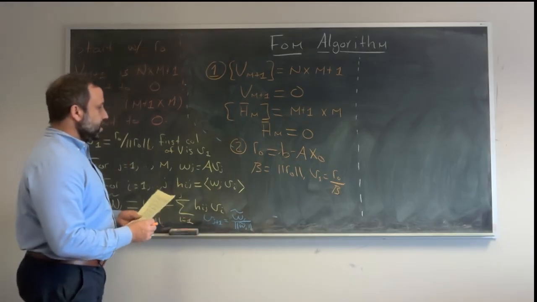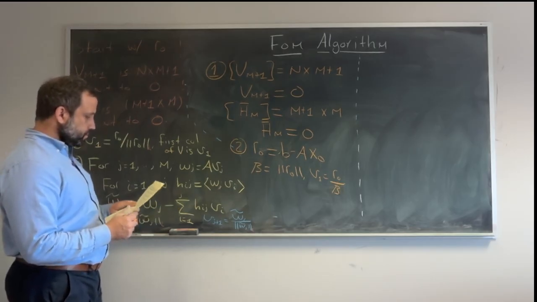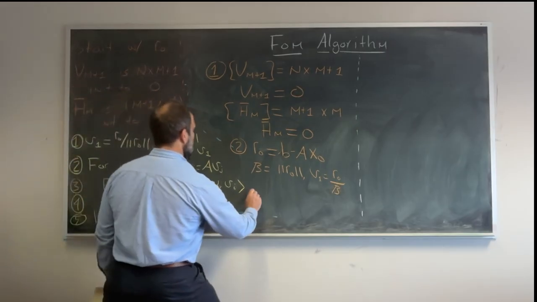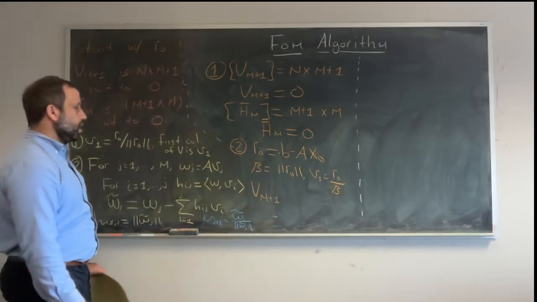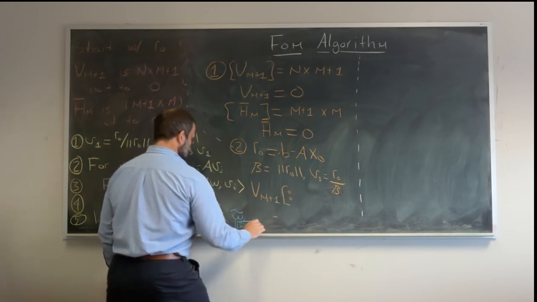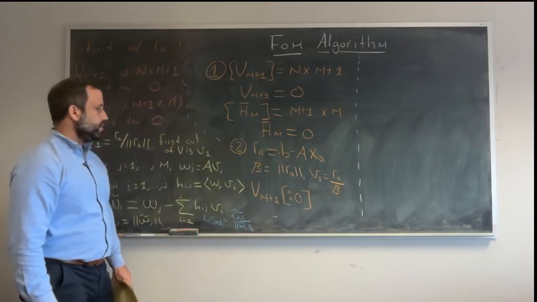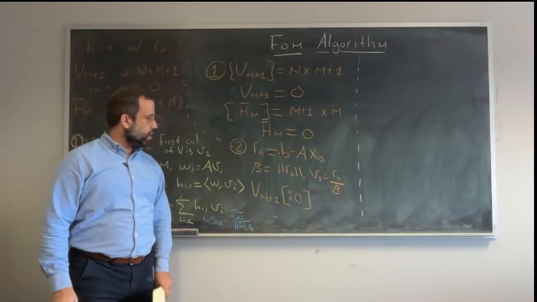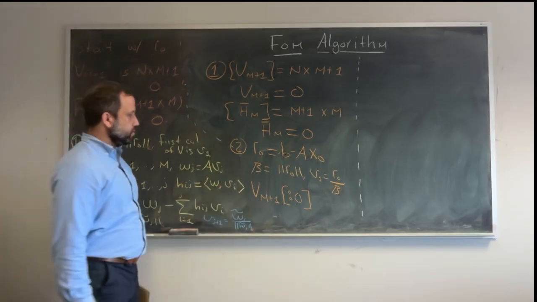Okay, and then the final initialization step, which really isn't mentioned explicitly in the algorithm in the book, is we're going to set the first column of V_{m+1}. In Python notation, we would have a colon here and then 0, telling us that all of the entries of the column 0 are set equal to v_1.